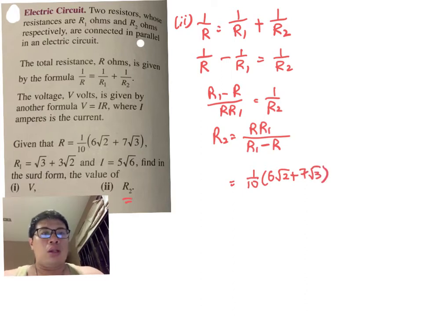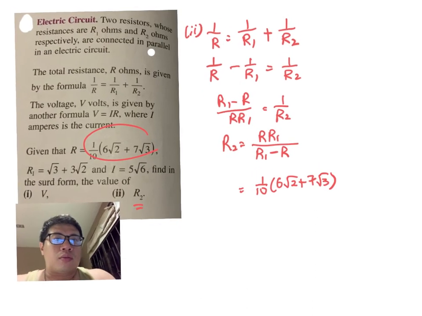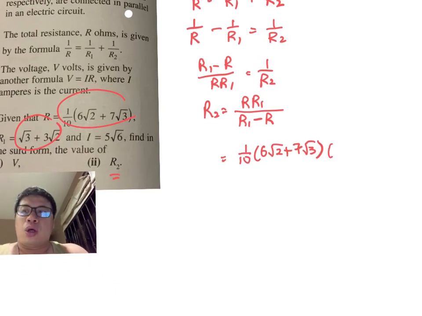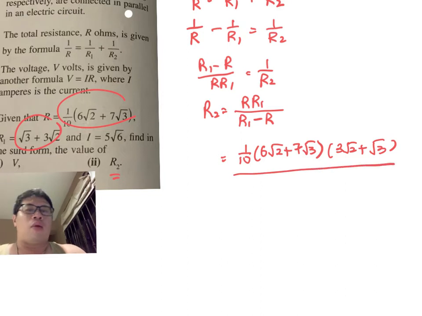R1 is the one that we found earlier, 3 square root 2 plus square root 3. This is multiplied by R1 over R1 minus R. So R1 again is 3 square root 2 plus square root 3, minus R, which is 6 square root 2 plus 7 square root 3 over 10.